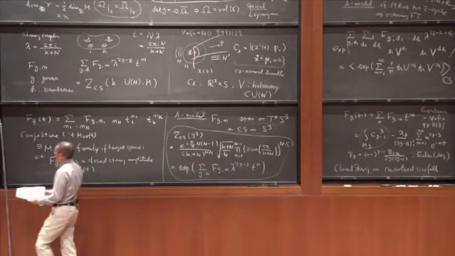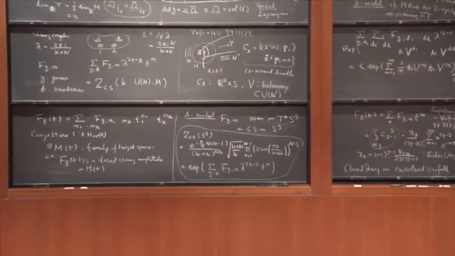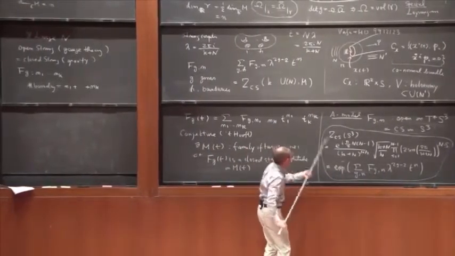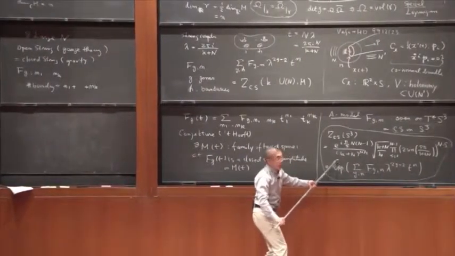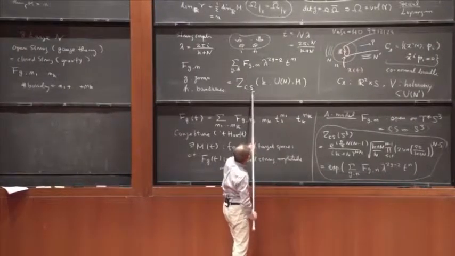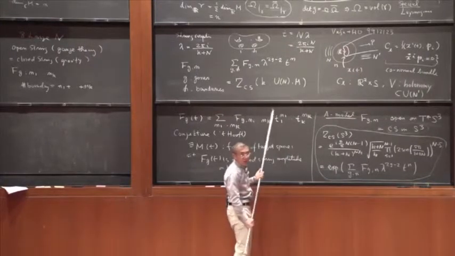Now, this large N duality also holds for open string with the additional D-branes. So here I explained that we were using the Chern-Simons theory formulation of open string field theory, where open string amplitude is expressed as Chern-Simons partition function.